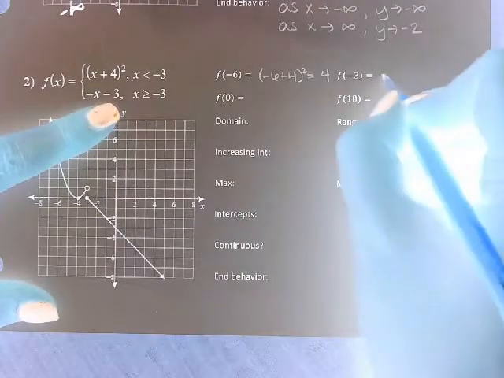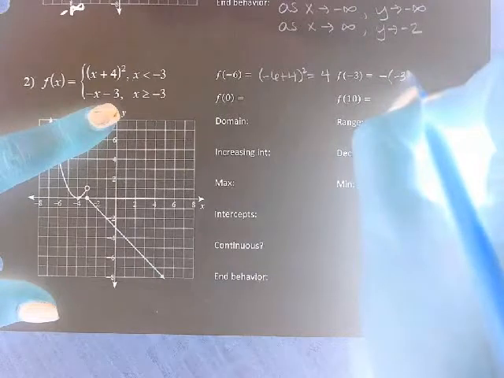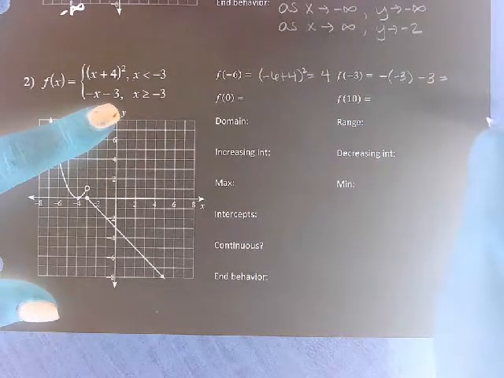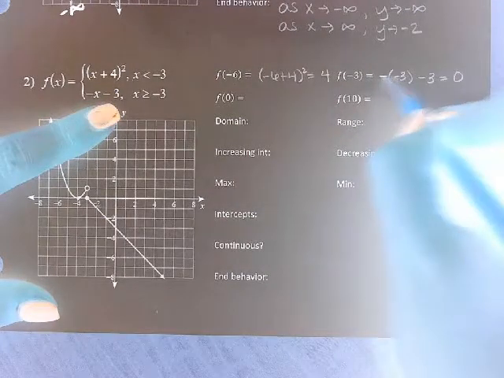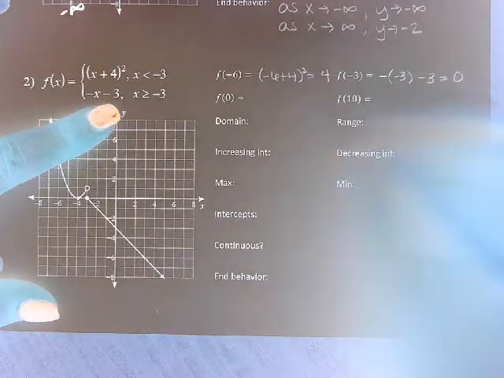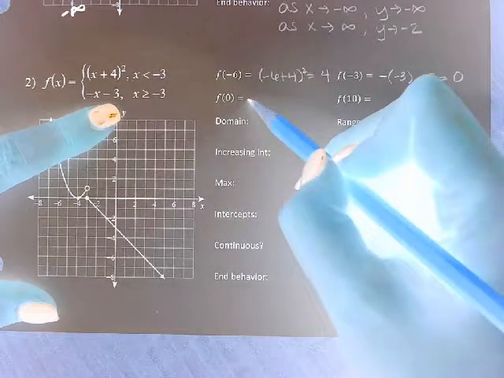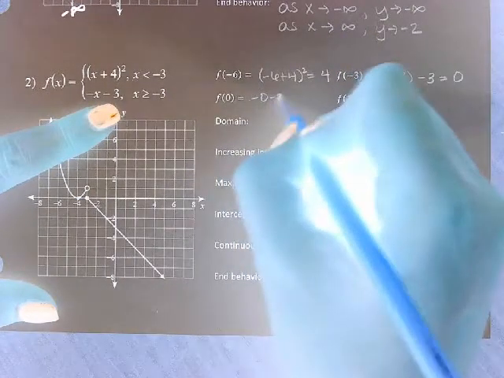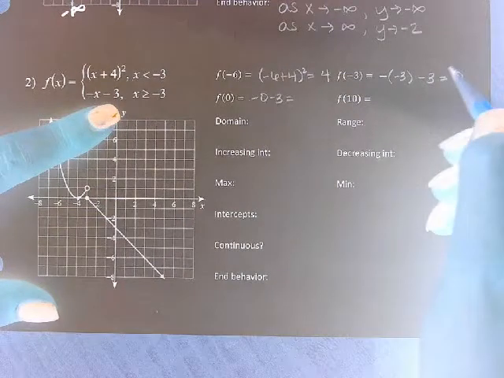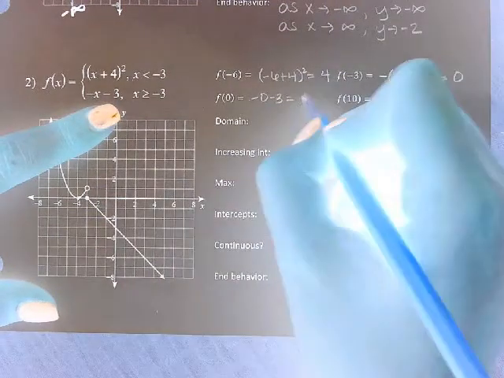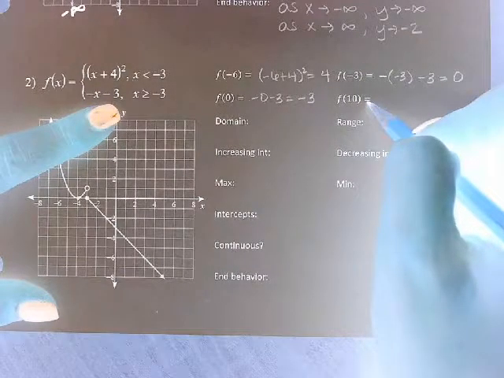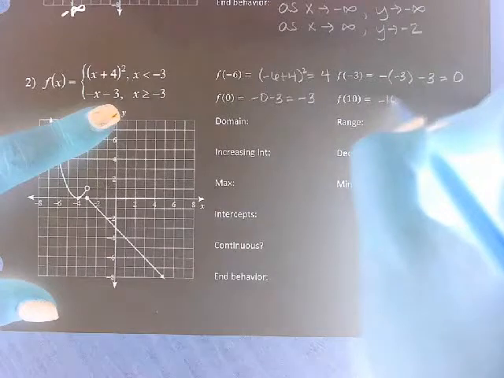So we're going to have the negative of -3, minus 3. What does that give us? 0. Minus minus makes a positive, so 3 minus 3 is 0. Which one can I plug 0 in for? The second one. We have -0 minus 3, which is -3. And then which one can we plug 10 into? The second one. -10 minus 3.